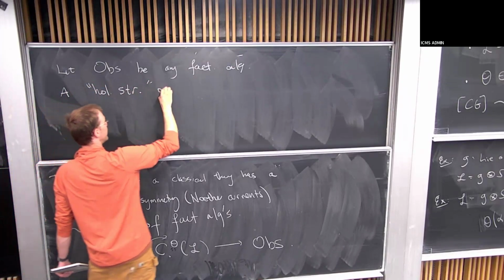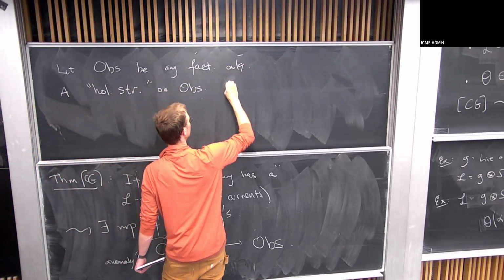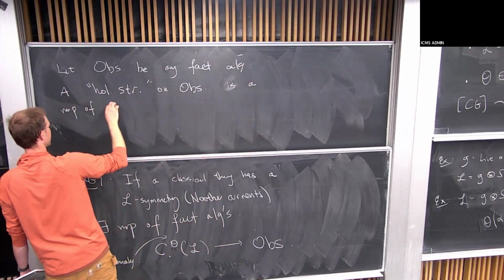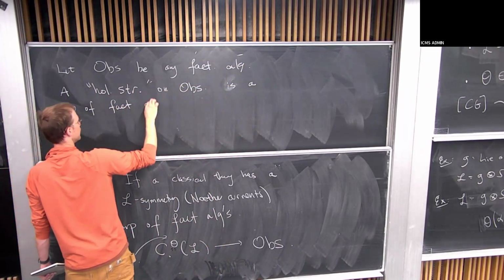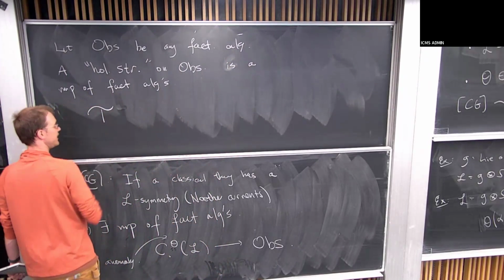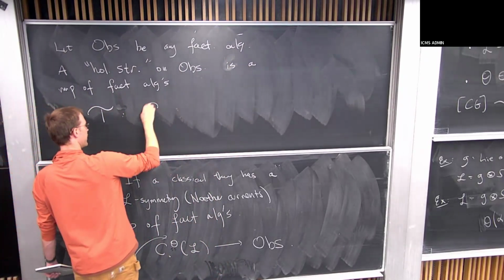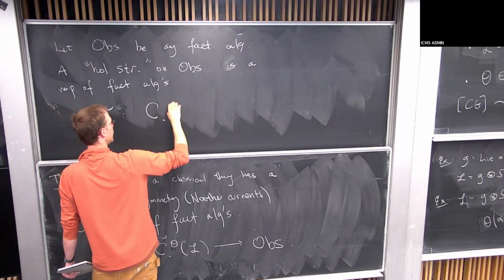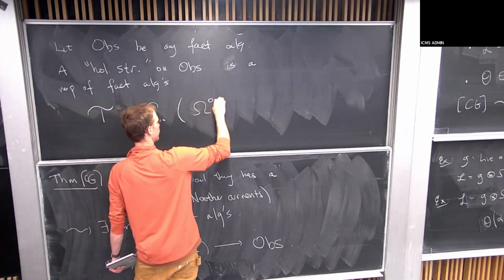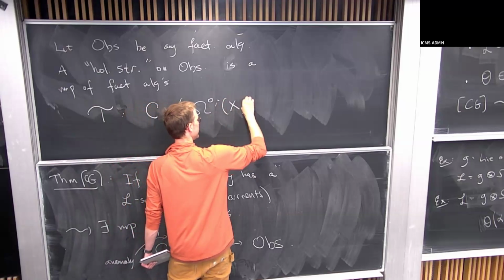On obs is a map of factorization algebras, which I'll maybe call scripty T. This is meant to denote stress tensor, from the enveloping algebra of this Dolbeault resolution of, say, T, where X is my spacetime.